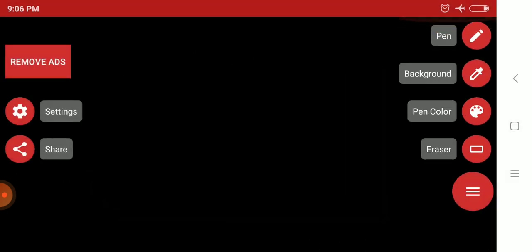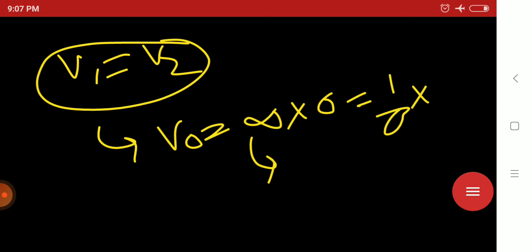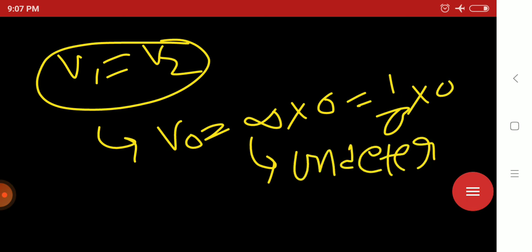The third case is V1 equals V2, where output voltage V0 is infinity into 0, which is undetermined.